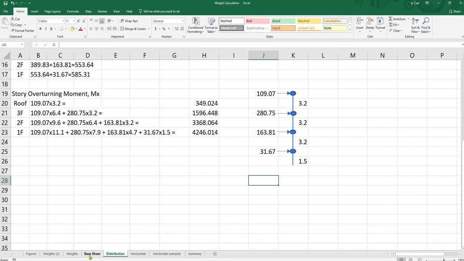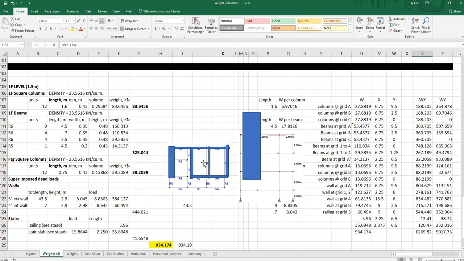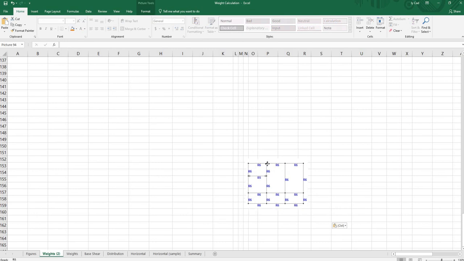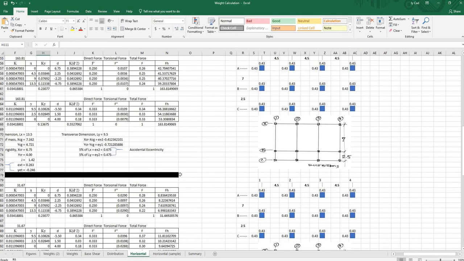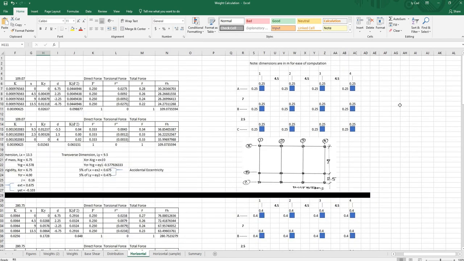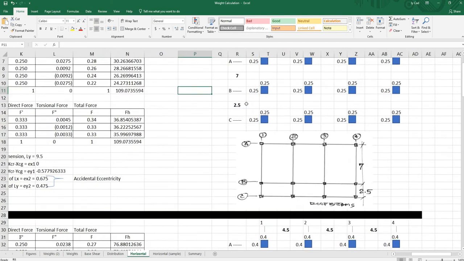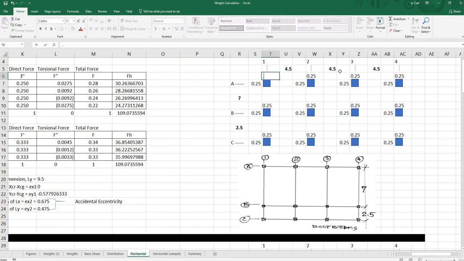So, ganito yon. Now, let's look at this floor plan. Okay? Copy ko lang yan. Eto. Kunyari, ayan siya. Let's look at grid A. Let's say, ang dimension mo dito sa grid A, yung columns dyan would be 0.25 by 0.4.